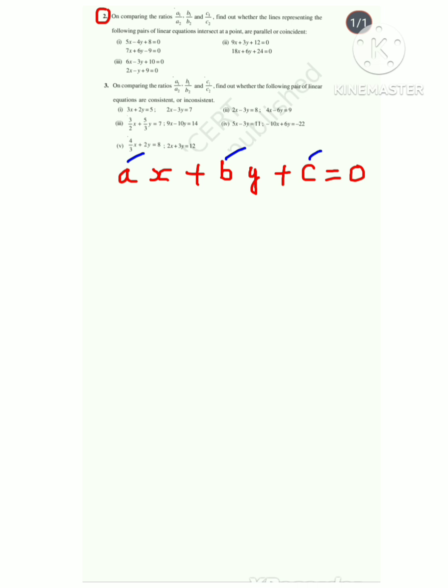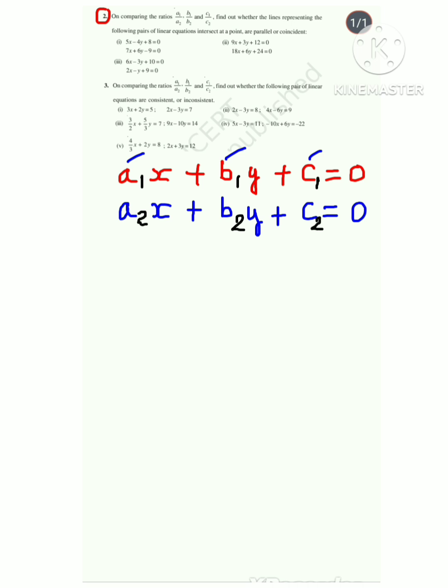And here we are talking about a pair of linear equations, so we have to write it in pair. So a1x plus b1y plus c1 equal to 0 and a2x plus b2y plus c2 equal to 0, and here this is a1, this is a2, this is b1, this is b2, this is c1, and this is c2.